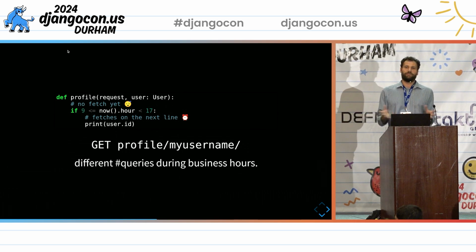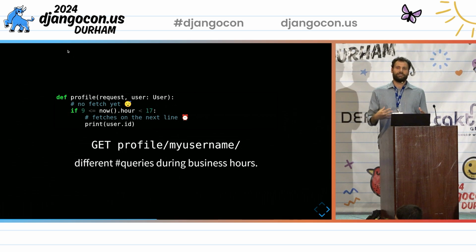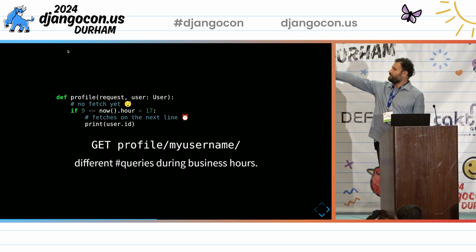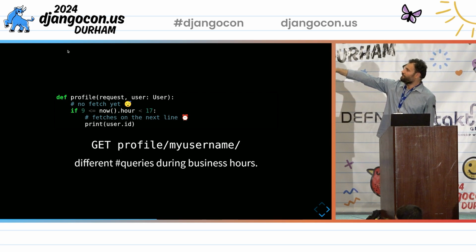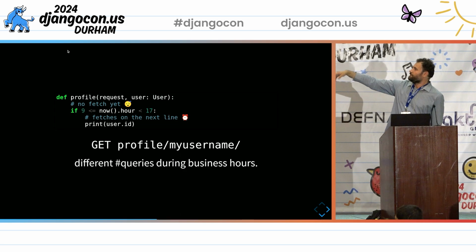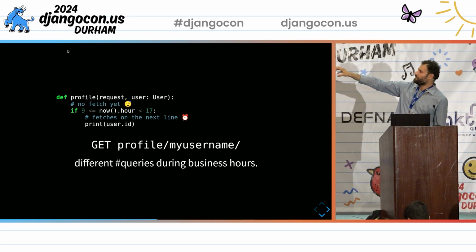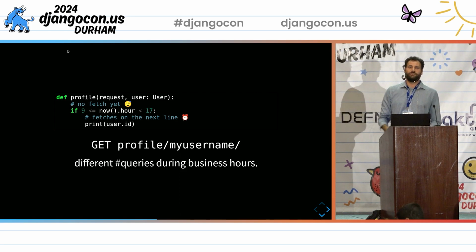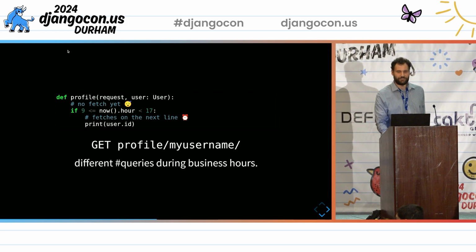It is not, it is a simple lazy object, but it acts as a user from the moment you need something from that object. And so that means, in this case, if during business hours, our view will do a lot more work than outside business hours. Why? Because as long as we are outside business hours, we don't print the user ID, so there is no need to evaluate the user.